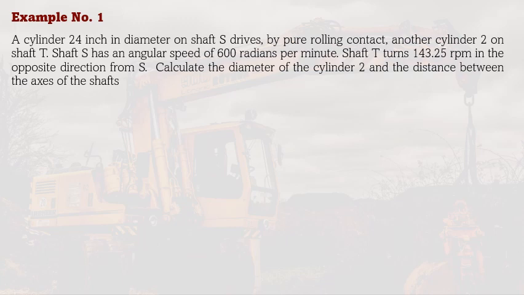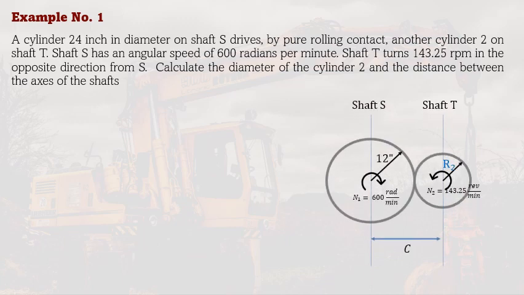If you analyze the problem, they rotate in opposite directions, and that can only happen when they are contacting externally. So we draw the illustration that you can see here. We have external contact because they rotate in opposite directions.